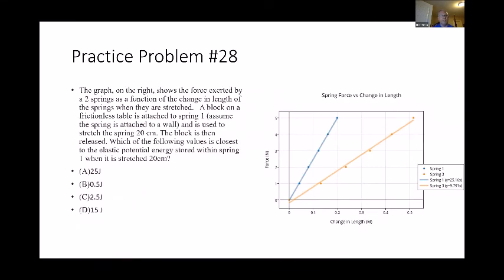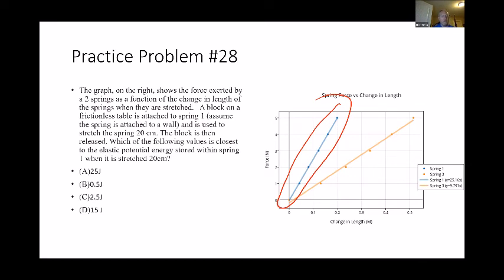Here's number 28. So the graph on the right shows the force exerted by two springs as a function of the change in length of the springs when they're stretched. A block on a frictionless table is attached to spring 1. This is spring 1, the blue line. The spring is attached to a wall. It's used to stretch the spring 20 centimeters. The block is then released.